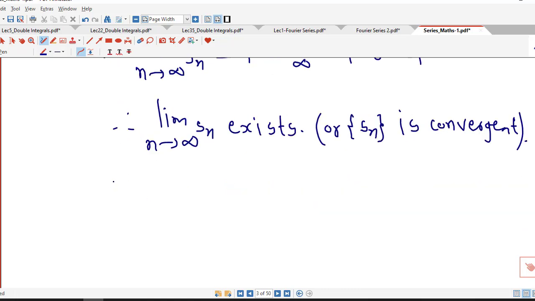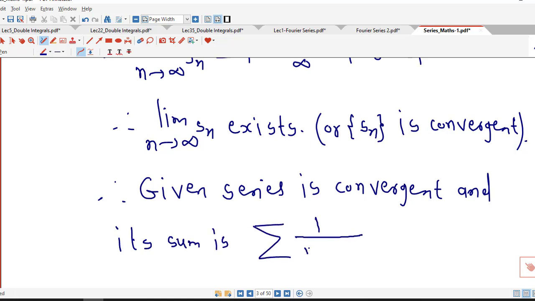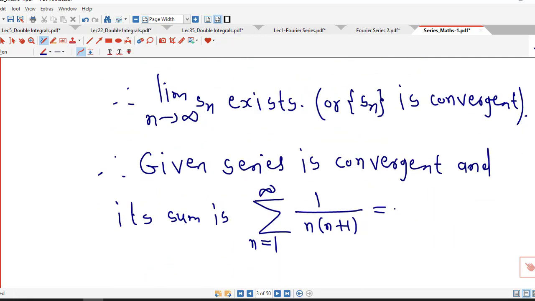So by definition, because the sequence S_n is convergent, the given series sigma 1 over n(n+1) is convergent and its sum is equal to the limit of S_n, which is 1. So the sum of the given series is 1.